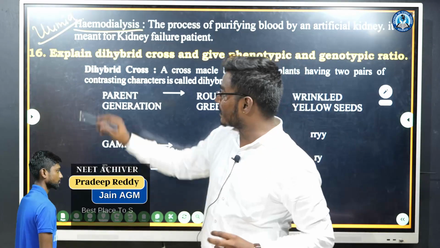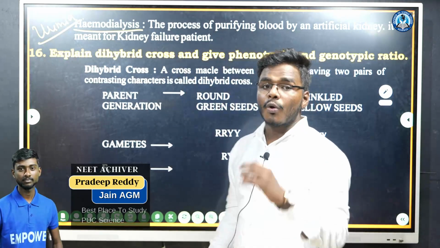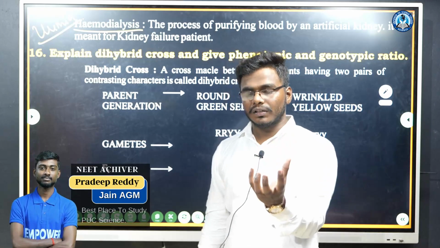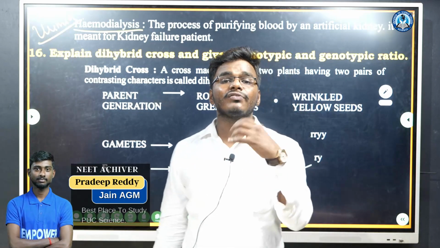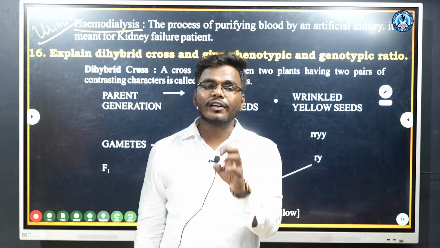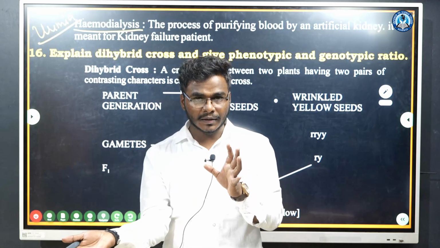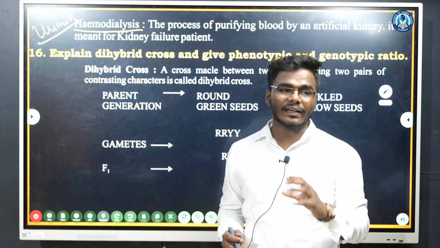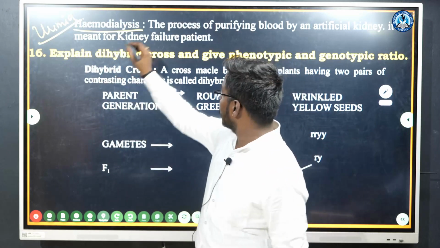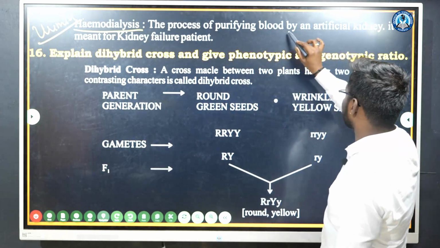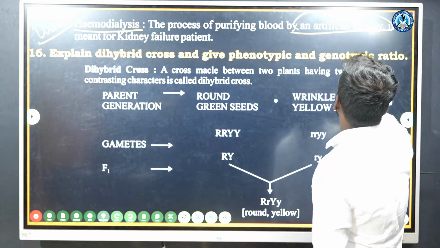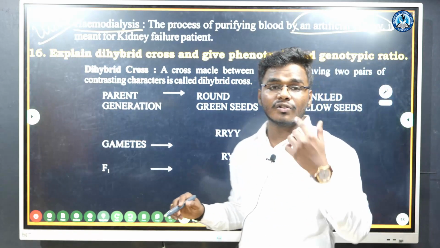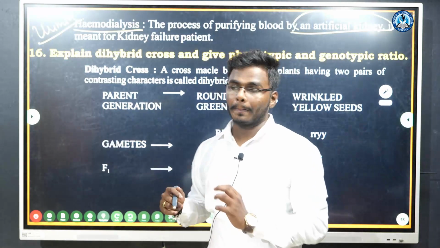So here this dialysis is called hemodialysis, where the kidneys' work is what? It is the filtration. This filtration work is done by the artificial kidney, that is the hemodialyzer. The process of purifying blood by artificial kidney. This artificial kidney is not in our body, it's outside.